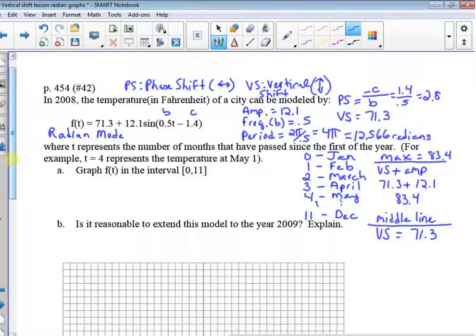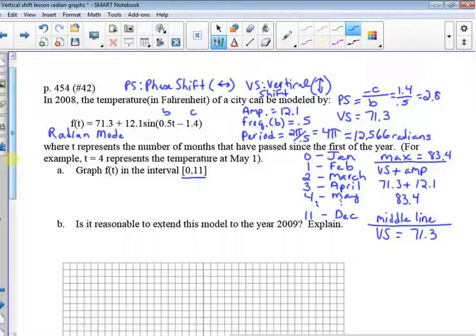If you're trying to graph something from 0 to 11, you don't want that to be in degrees, because it's just not going to work. You want to use radians, because 1 radian represents about 56 degrees.